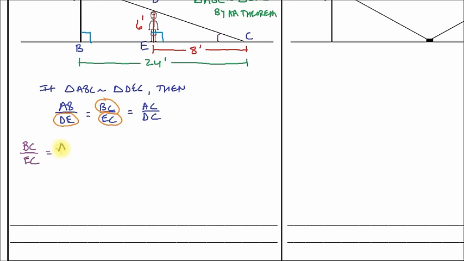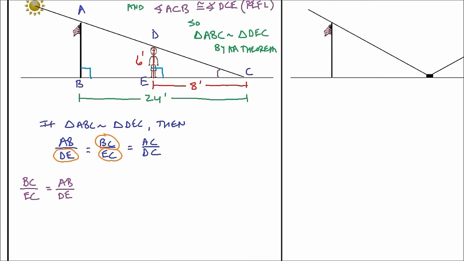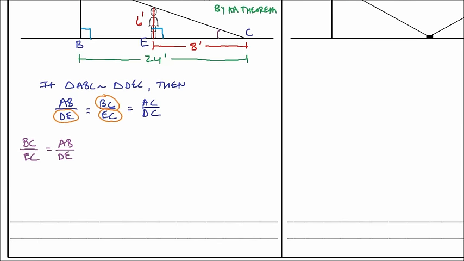And that's going to be equal to AB over DE because the second ratio has to have the side length that I'm looking for, which is the flagpole height, which is AB. All right, let's plug in what we know. We know that BC is equal to 24. EC is equal to 8. AB is our unknown, that's what we're looking for, and DE is equal to my height, which is 6.